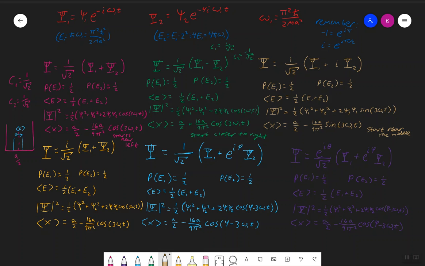But now if I take this wave function and multiply it by an overall phase, e to the i theta, it turns out these calculations are exactly the same. So the moral of the story here: if you have a relative phase between parts of the superposition, it does make a difference. Even though it's not in the energy, it makes a difference in other observable quantities. An overall phase, though, will give you the same exact physical wave function.